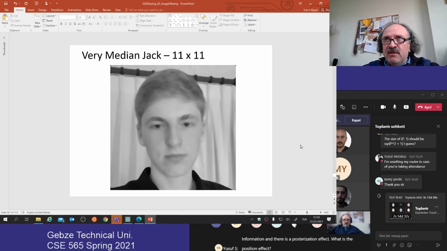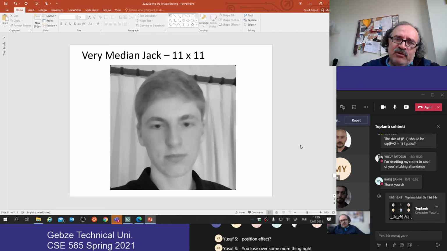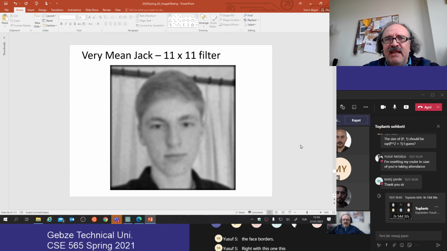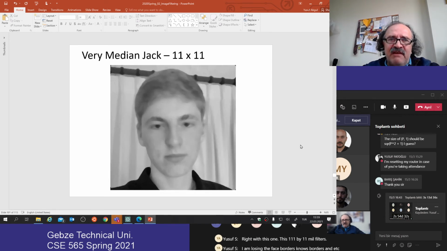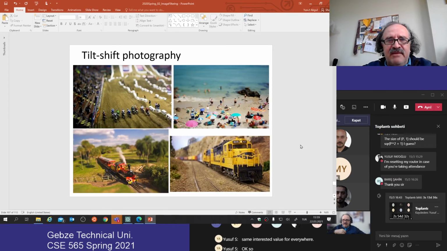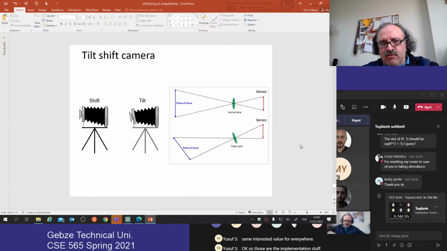It is over-smoothing. With the 11 by 11 mean filter, I am losing the face borders, nose borders, etc. With the 11 by 11 median, I don't lose the borders of the structure, but things start having the same intensity value everywhere. Those are the implementation details, and I will not talk about them.